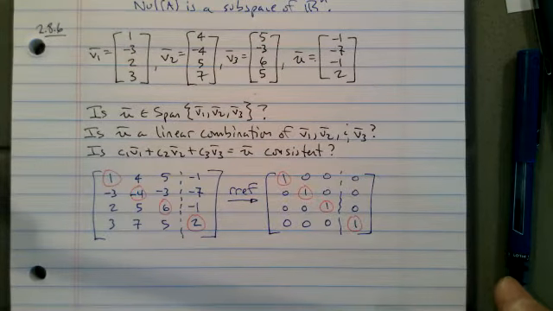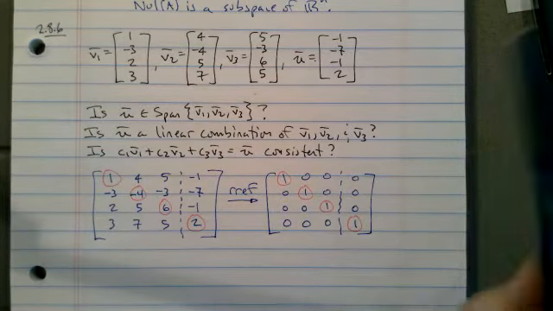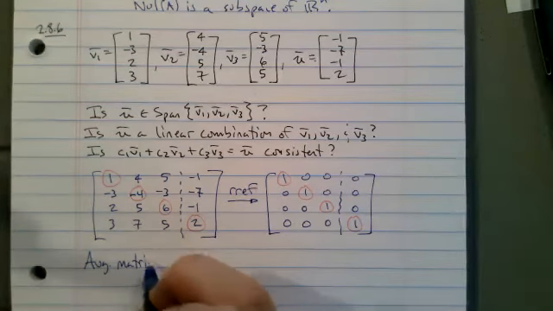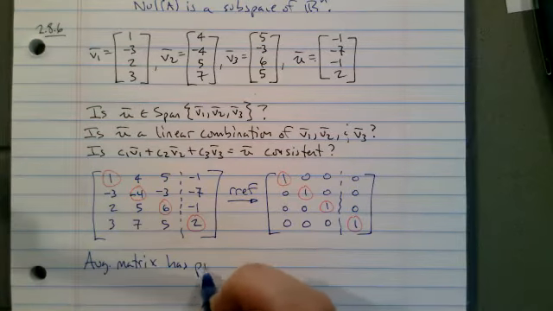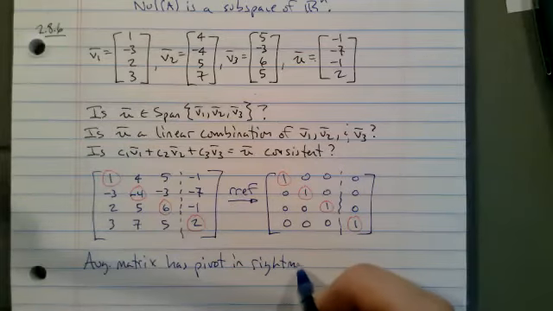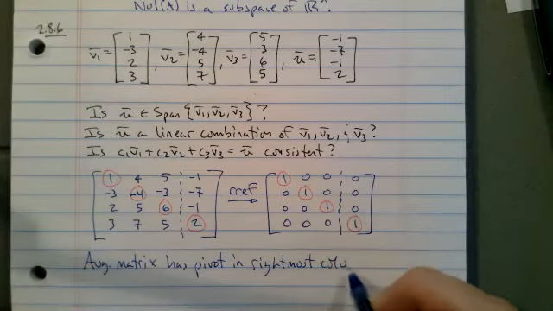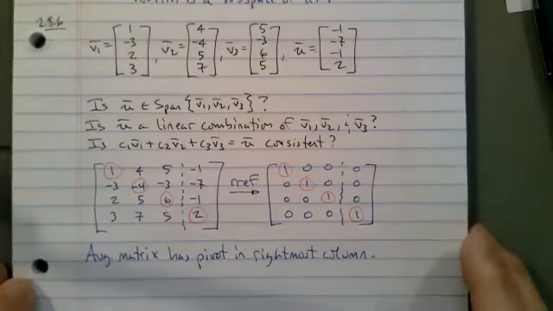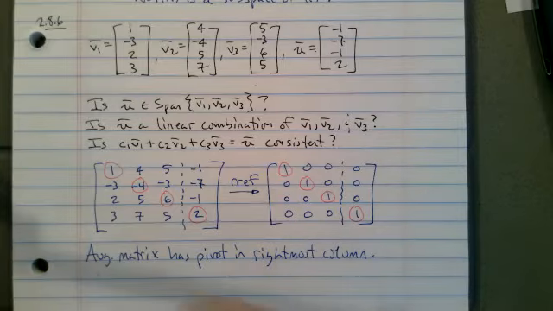So the augmented matrix has a pivot in its rightmost column. Therefore, U is not in the subspace of R4 generated by V1, V2, and V3.